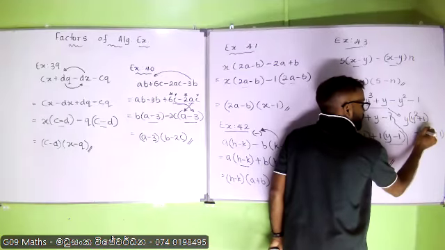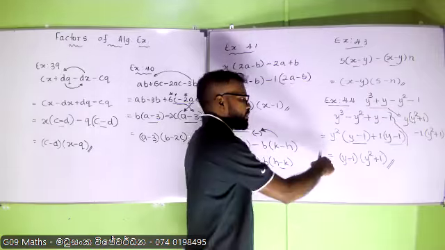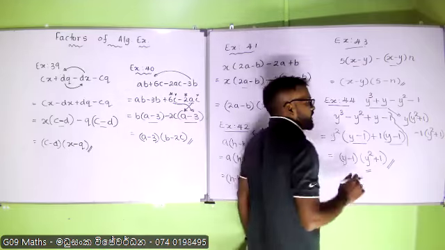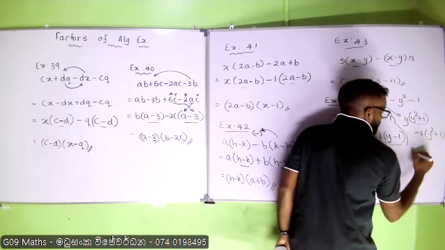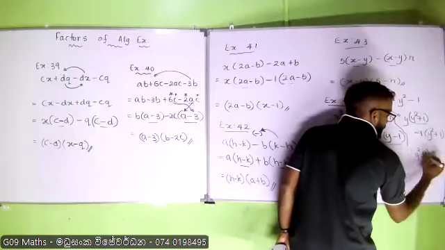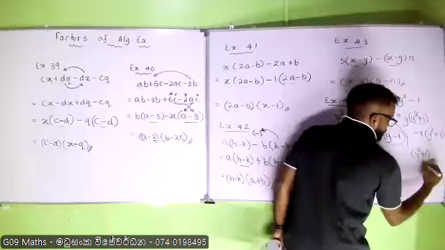And also common term 1. Same answer you will get. Doesn't matter. y to the power 2 plus 1 is one term, and the rest of the terms are y minus 1.